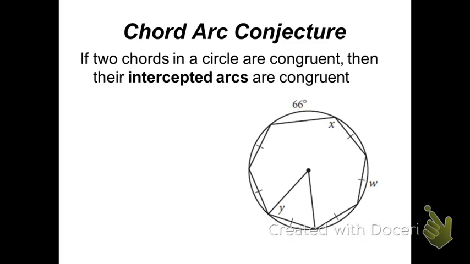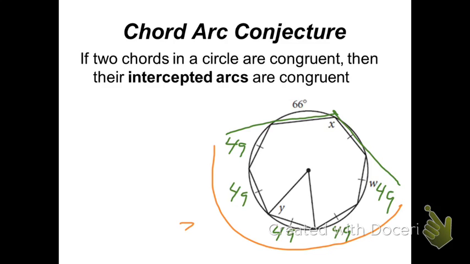Well, to figure out X, again, this angle intercepts this arc, which is, well, let's figure it out. This is 49 degrees, this arc is 49 degrees, this arc is 49 degrees, this arc is 49 degrees, and this arc is 49 degrees. So it's 1, 2, 3, 4, 5 arcs that are 49 degrees. So from here to here is 245 degrees.